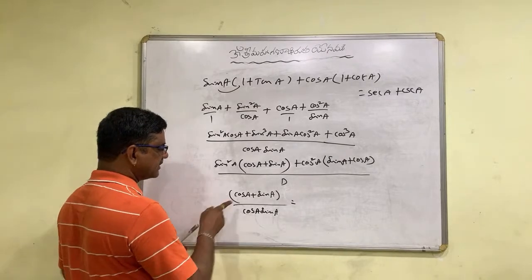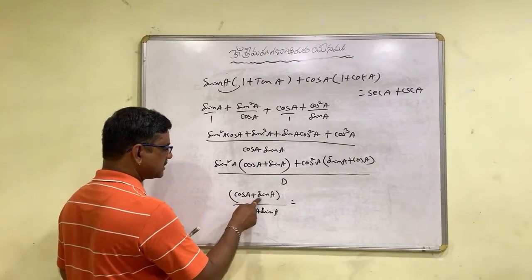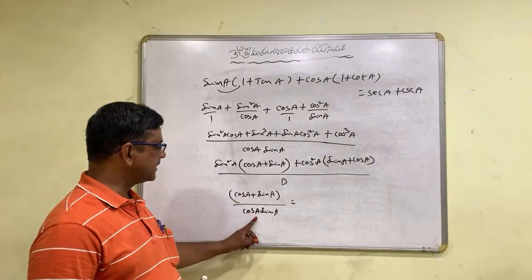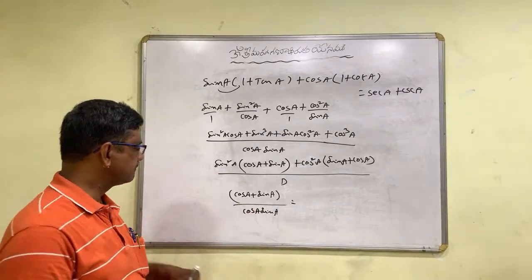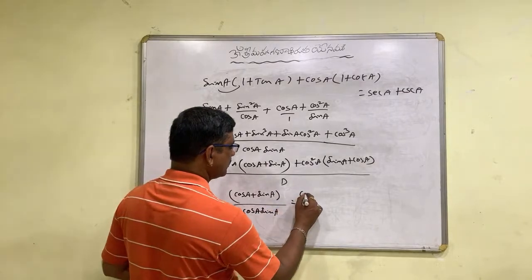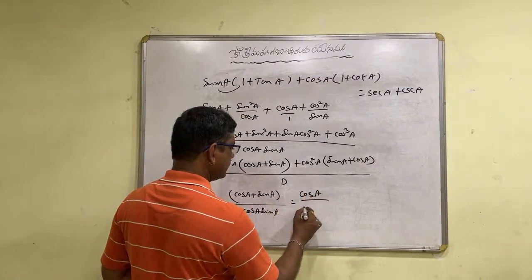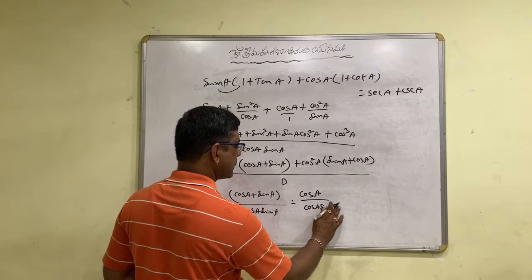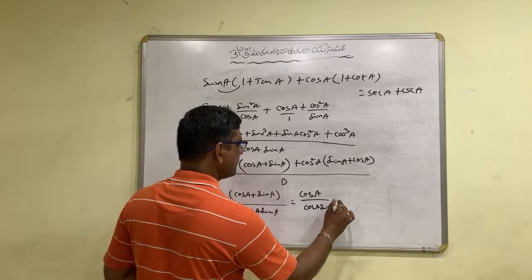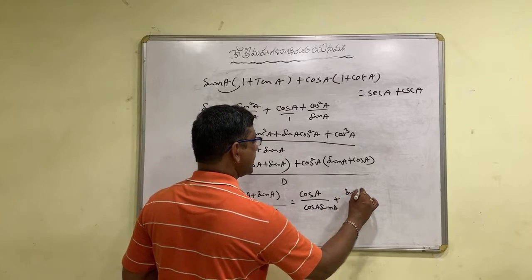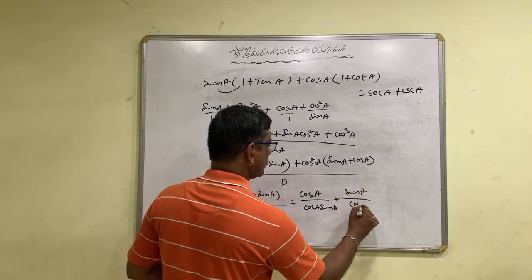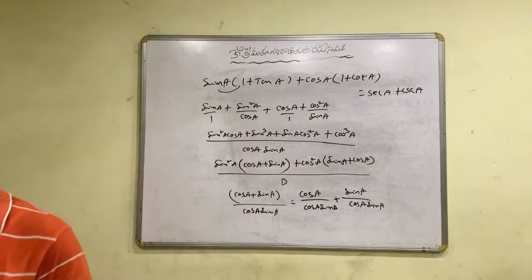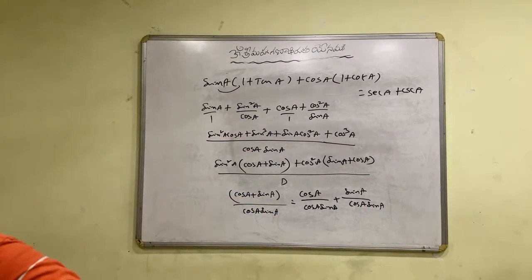We need to separate this. Cos A by this plus sin A by this. Cos A by cos A sin A plus sin A by cos A sin A. I think we are done with the problem.